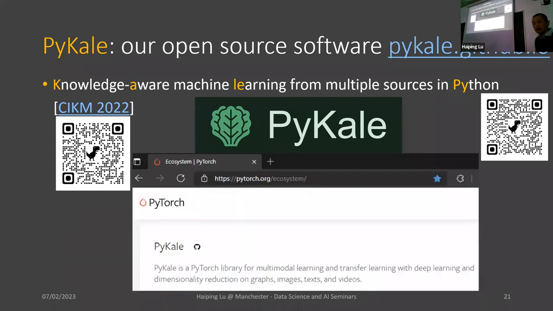And our library has also officially become part of the PyTorch ecosystem. So this is really a good example of being ambitious, because when we just started, I had no idea about building a library. But I just told my team, okay, if we work hard on building this library, then one day we will become part of the ecosystem.